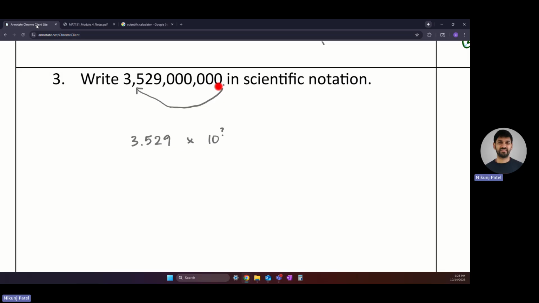So we moved it 3, 6, 7, 8, 9 spaces. We moved it left 9 spaces. So what does that mean as far as this exponent now? And sometimes we move the decimal to the left, and sometimes we'll move it to the right, depending on the number.